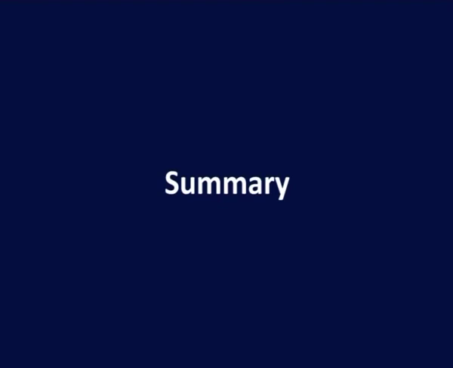Now, to summarize, we have discussed abbreviations, which are shortened versions of words or combinations of the first letters of words, like corp for corporation, and URL for uniform resource locator. An adjective is any word that modifies a noun or pronoun.